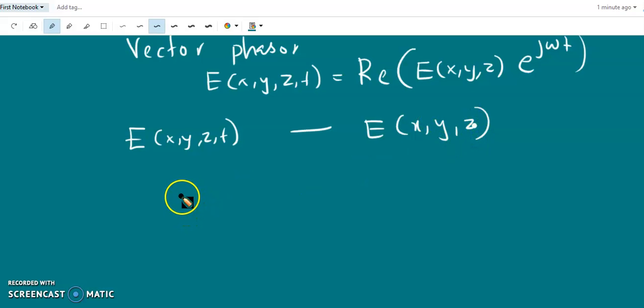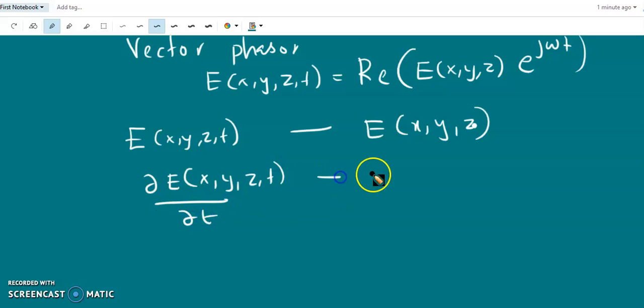Then the derivative ∂E(x,y,z,t)/∂t is represented as jωE(x,y,z). So wherever a derivative occurs, we can replace it by jω.